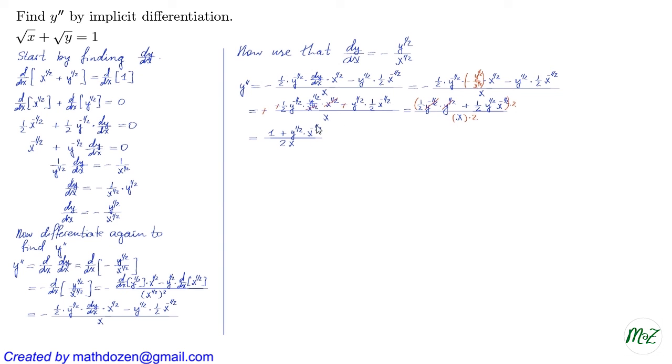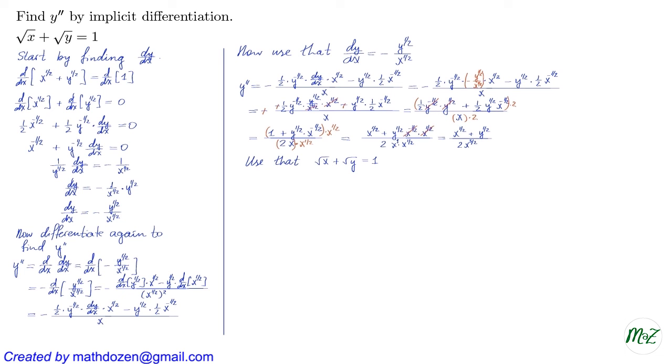Since we have x to the negative 1/2 power, we can multiply numerator and denominator by x to the 1/2 power, distribute it over, cancel, and we're looking at x to the 1/2 power plus y to the 1/2 power divided by 2x to the power 3/2.